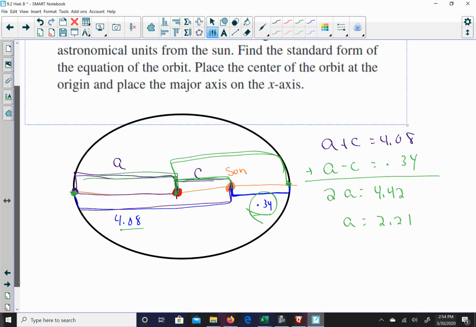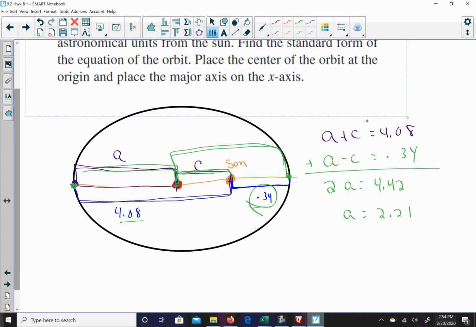And so using this, I can substitute it back into either one, it doesn't really matter. Let's say I take 2.21 minus C is equal to 0.34, and I get C is equal to 1.87.